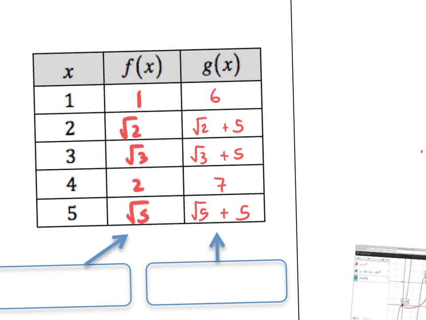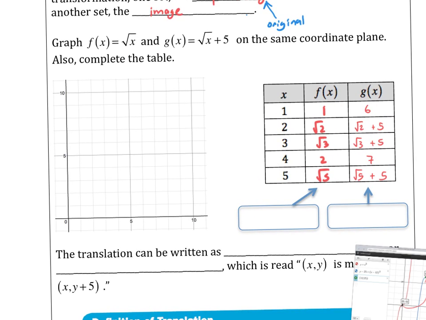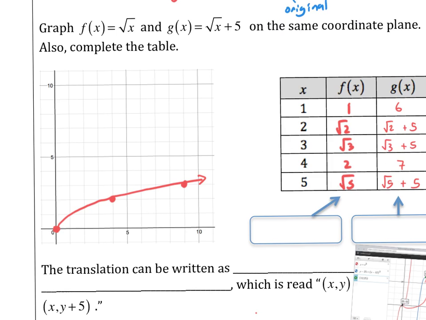So take a moment to either plot those points by hand or sketch it by using your graphing calculator, and then just sketch it out real quick. Go. So this one here is f of x, and when I plot that, it looks something like this. And notice what happens here. If I were to plot the other one, I'm beginning here at the 6.